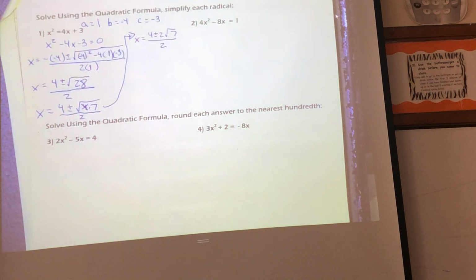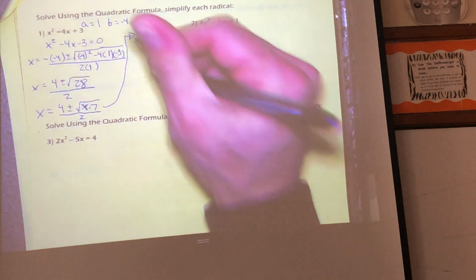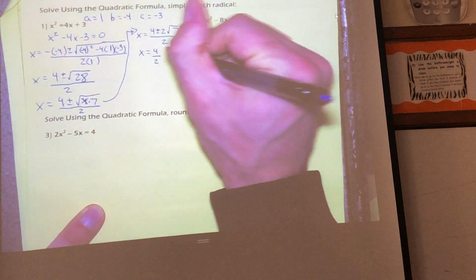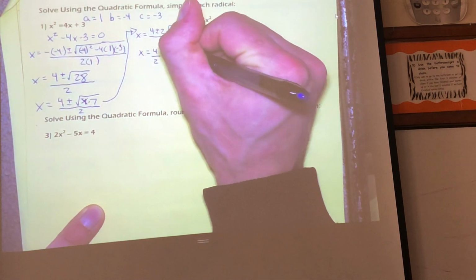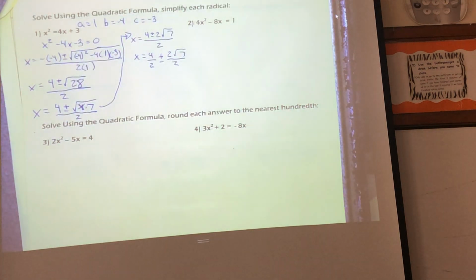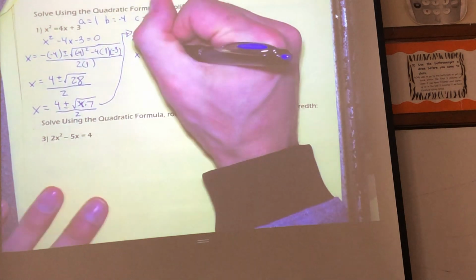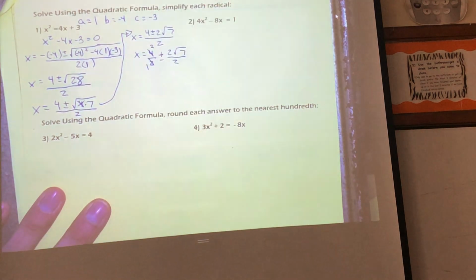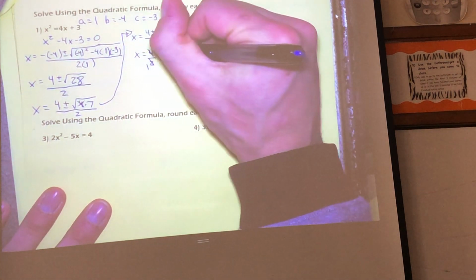Now the next thing, it was just like the last example we did together yesterday, we're going to break this into 2 fractions. x equal to 4 over 2 plus or minus 2 radical 7 over 2. We simplify. 4 divided by 2 is 2. 2 divided by 2 is 1. Both are divisible by 2.